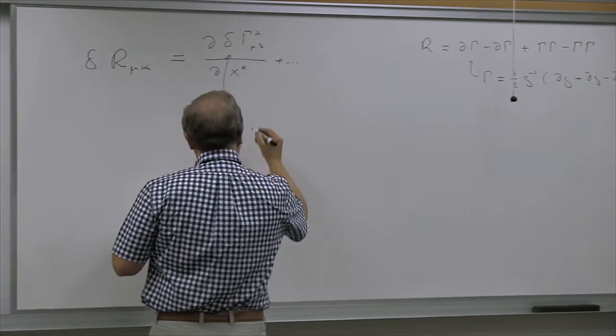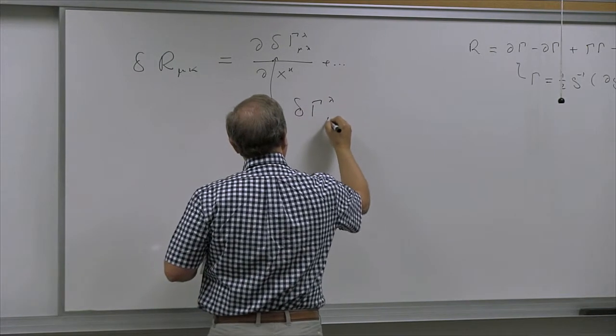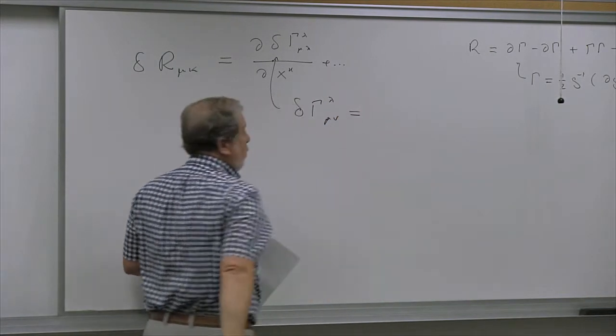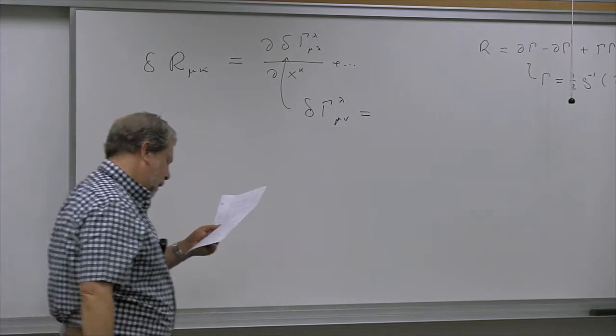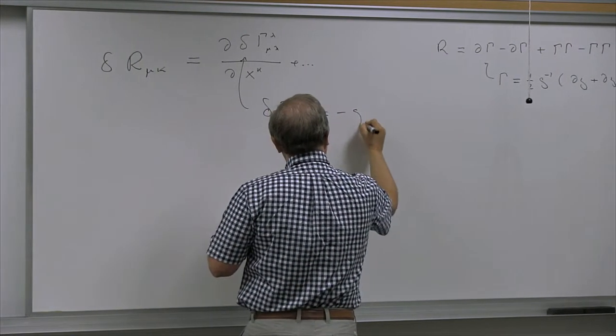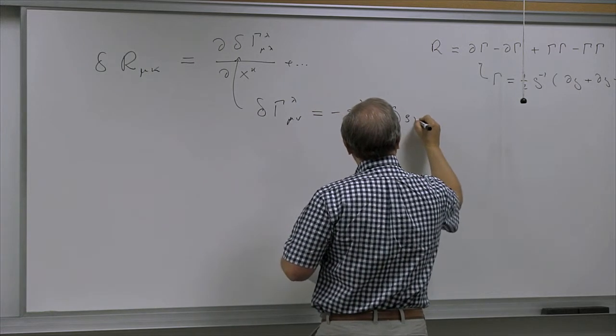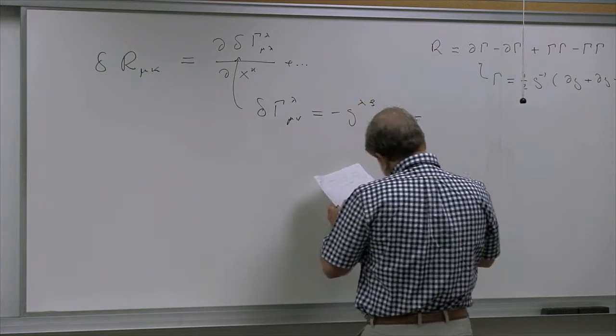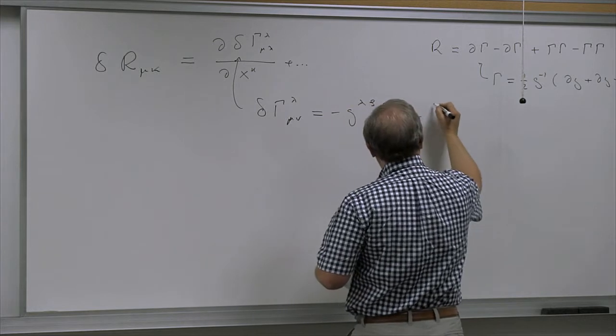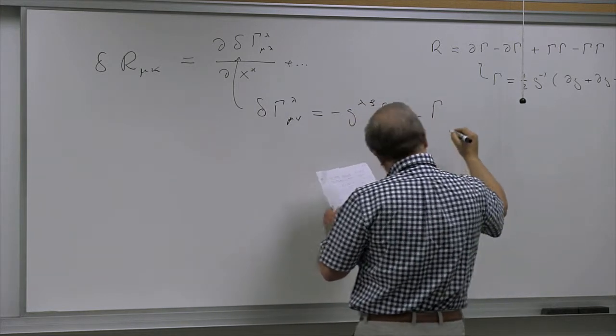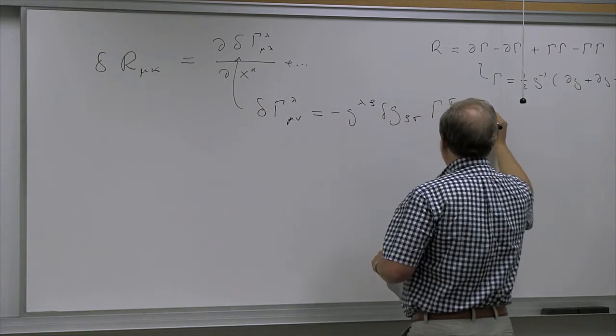So the variation of gamma lambda mu nu is from the formulas that I gave in the previous lectures, minus g lambda rho times g rho sigma times the variation of this times gamma sigma mu nu plus dot dot dot.